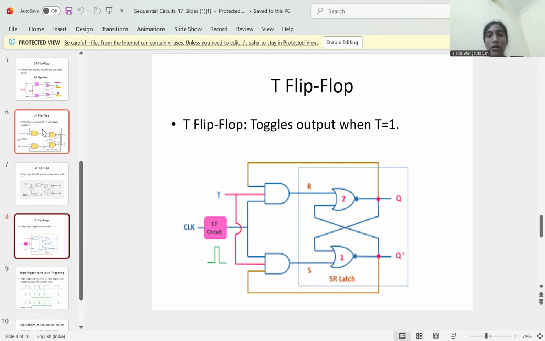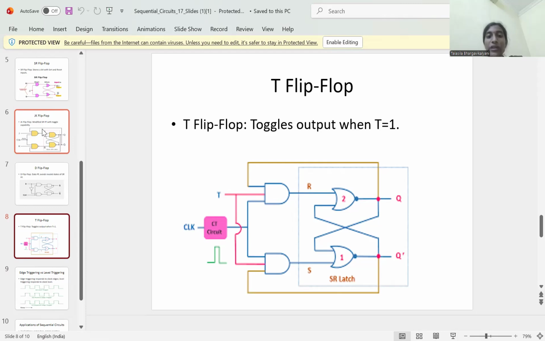Now let us talk about the excitation table. If we are building a T flip-flop from present state and next state: if present state is equal to 0 and next state is equal to 0, then T is 0. If present state is 0 and next state is 1, we'll have T as 1.